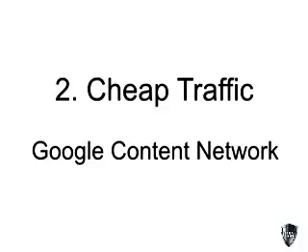What the Google Content Network allows you to do is pay Google to display your ads, and you pay them for every 1,000 impressions. So it doesn't matter if hundreds of people click that ad, your cost is still the same. You will just pay for every 1,000 times that your banner ad is shown in the Google Content Network.